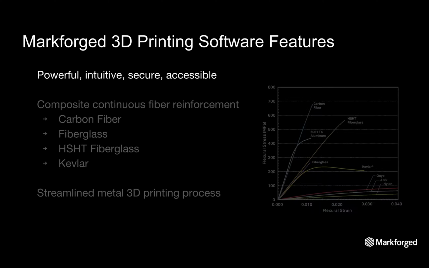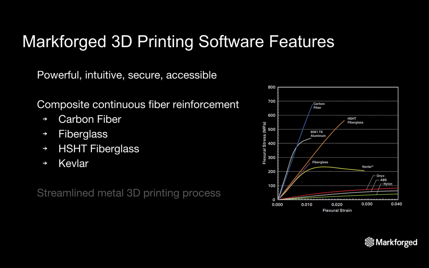But what really distinguishes Markforged 3D printing software from any other software available is the ability to selectively reinforce any part with continuous fibers. Typical 3D printing involves building a plastic matrix that comprises the entire structure of the printed part. Our matrix is Onyx, a nylon-based material infused with chopped carbon fiber for increased strength.